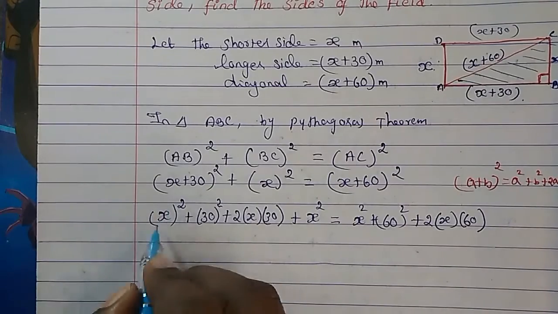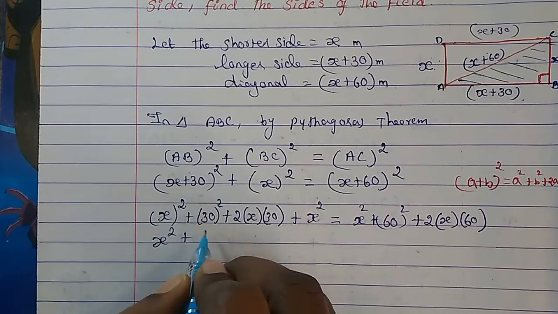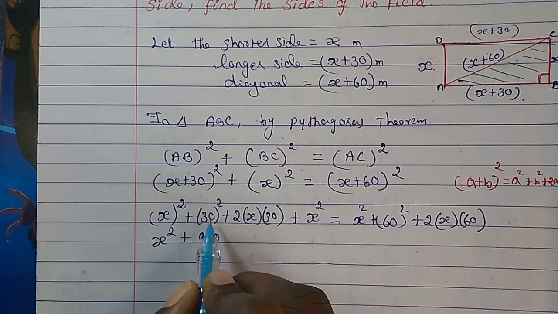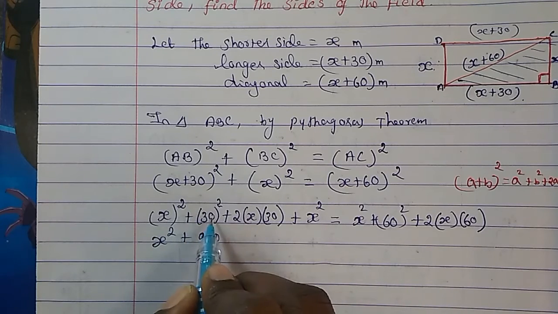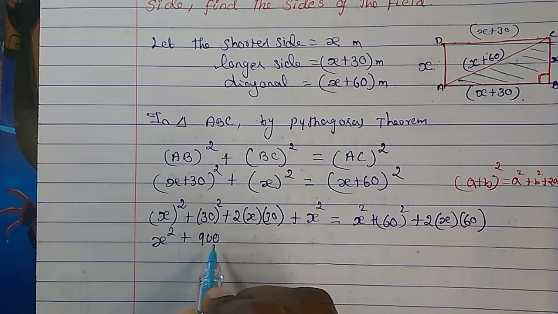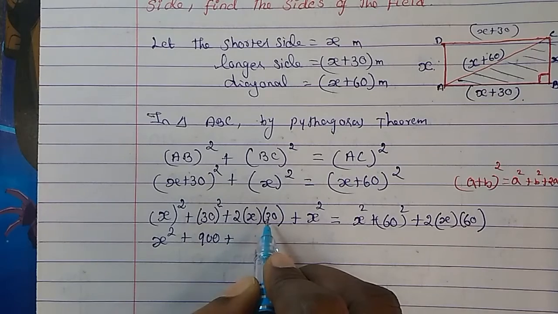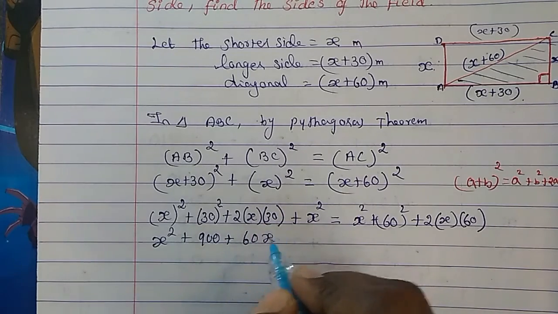Okay, so now let's solve. x square, and 30 square will give us 900. If you don't know, you can take 3 square, because when 0 is there, it is easy. 3 threes are 9. Then the square of 0 will be 2 zeros. Then 2 times 3 is 6, 0 is here, and this x.